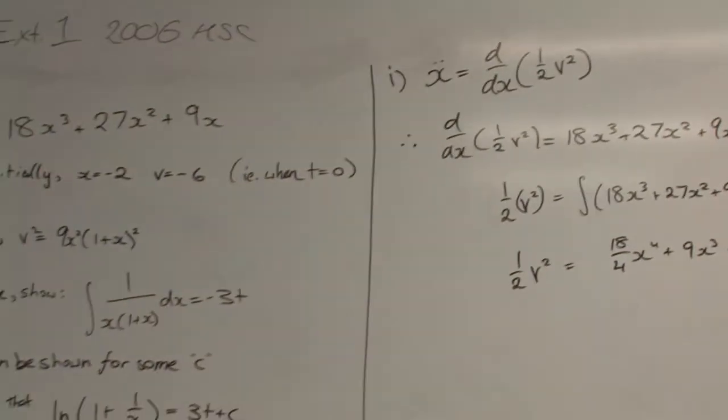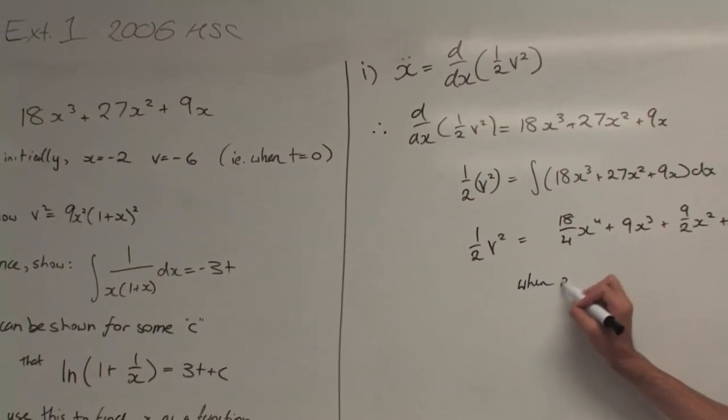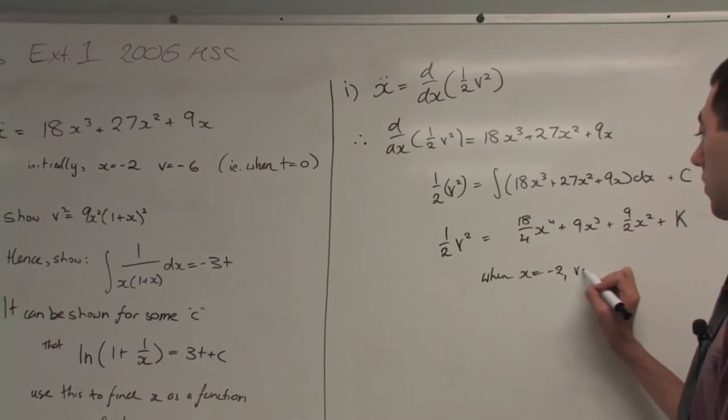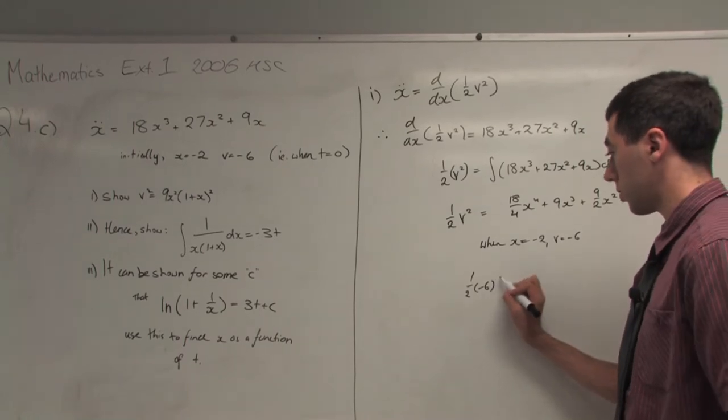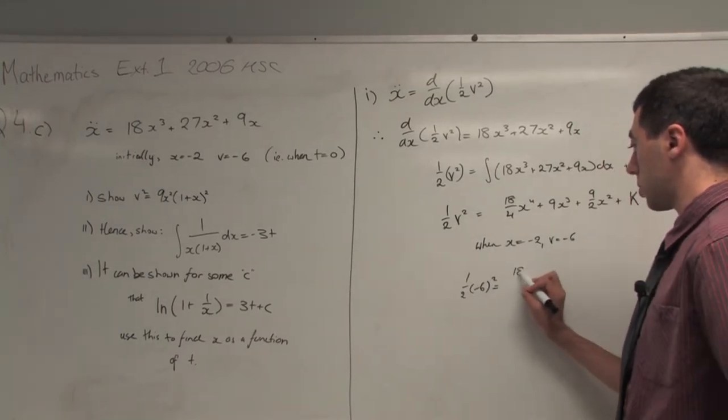Okay, so now that that's done, we'll use our initial values so we can find this value of k. When x is equal to minus 2, v is equal to minus 6. So half of minus 6 squared, and now we just substitute all this in.